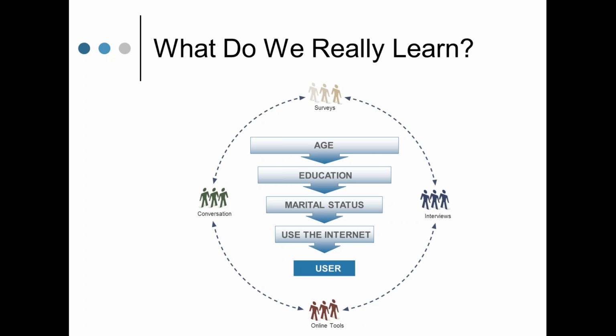And the information that we get are the ages of our users, which can be important, their education level, marital status, and sometimes specific questions like, do they use the internet? How often do they use it? How often do they do searches for certain keywords? And that all gives us demographic information about our user, which can be helpful. But if that's all that we get, are we really getting a clear picture of who our typical user is? Most likely no.